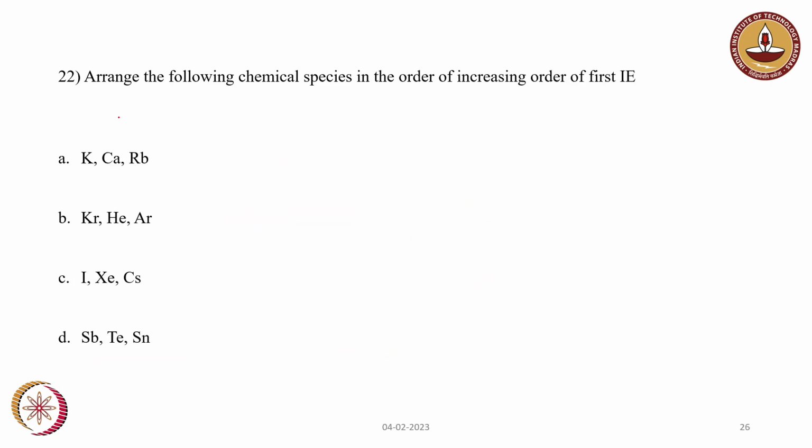So the next question is, arrange the following chemical species in the increasing order of first ionization energy. So first one is potassium, calcium, and rubidium. So the atomic numbers are 19, 20, and 37.